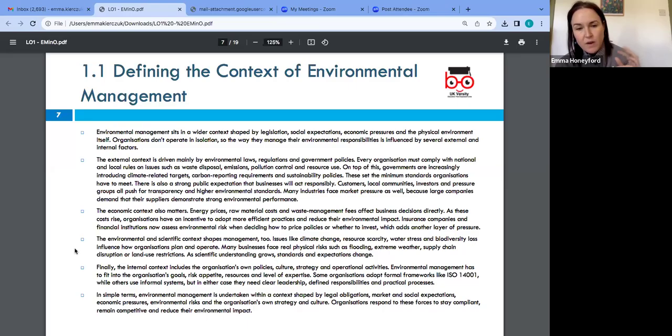Environmental management is a way in which organisations will deal with all of this. And some organisations will adopt formal frameworks such as the ISO standards. But in my experience working for organisations, there has to be clear leadership, and the culture and the values have to really mirror their policies around sustainability and climate impacts.